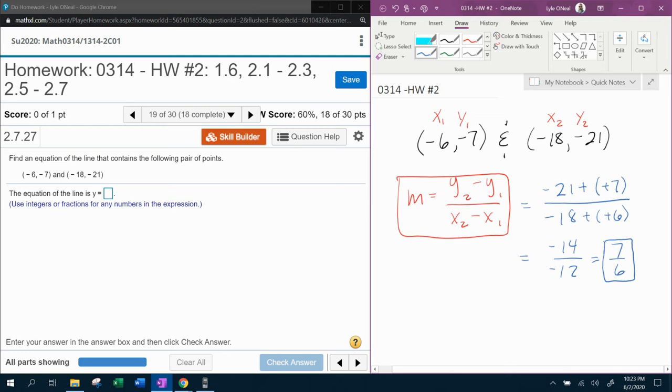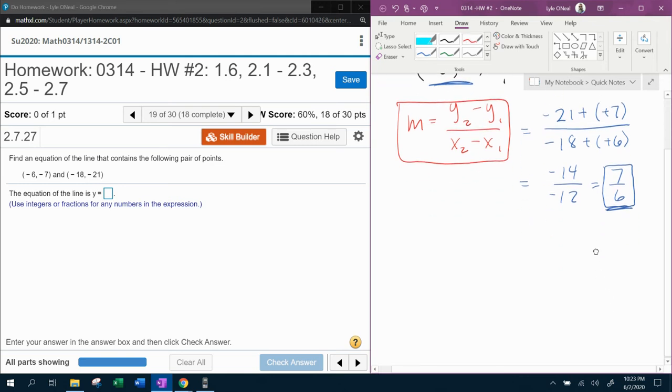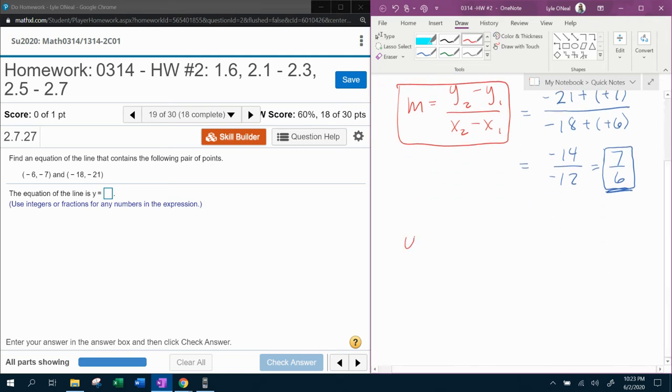So there's my slope. Now, from the previous video, we know that if we have a slope and a point, I can use point-slope form. And so just to recap what that looks like, point-slope form is y minus y1 equals m times x minus x1.